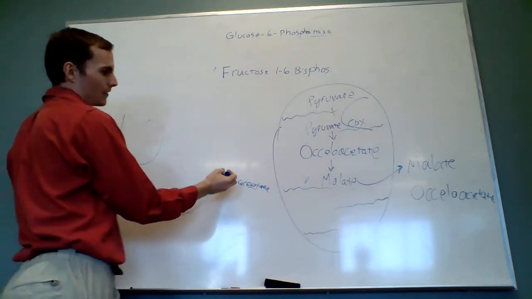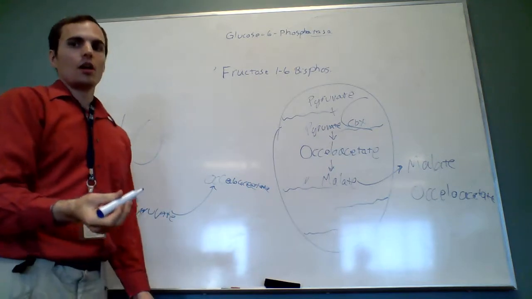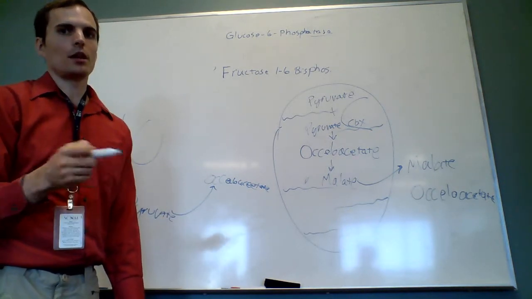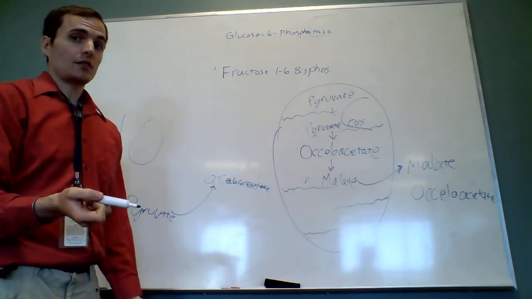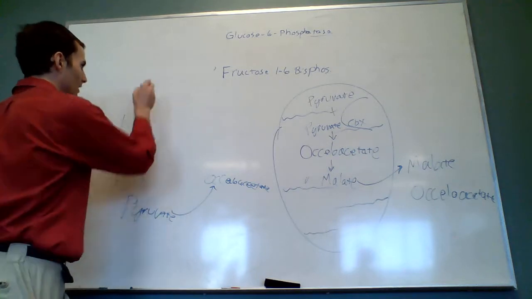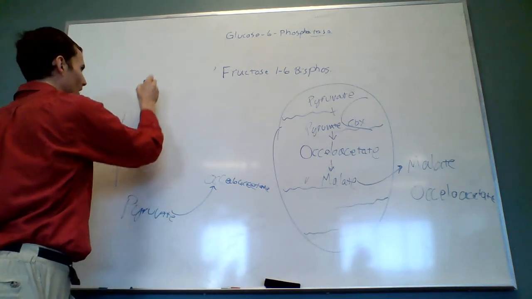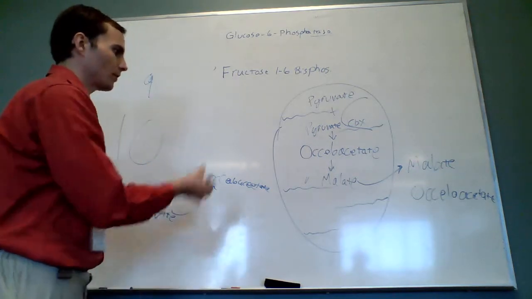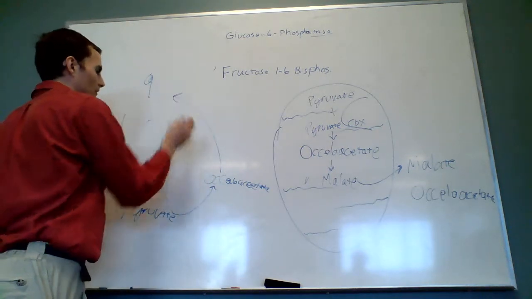And then from oxaloacetate, you have something called phosphoenolpyruvate carboxykinase. This one's actually not too bad because phosphoenolpyruvate is what the substrate in number 9 is called, okay? And if you can just remember carboxykinase, because it's carboxylating it, then it's not too bad.